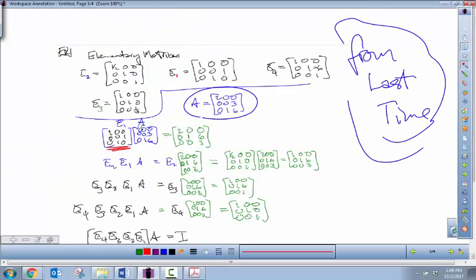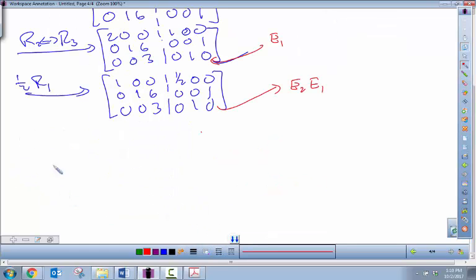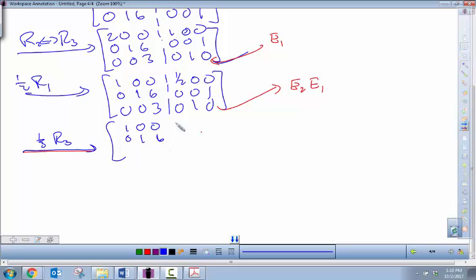And then our E3 was when we multiplied the third row by 1/3. So let's go ahead and do that. One-third times row 3: 1, 0, 0, 0, 1, 6, oops, the other one: 1/2, 0, 0, 0, 0, 1.